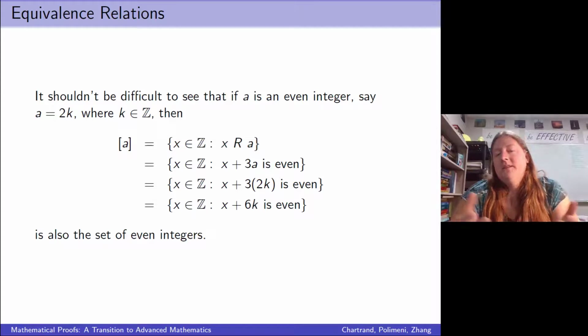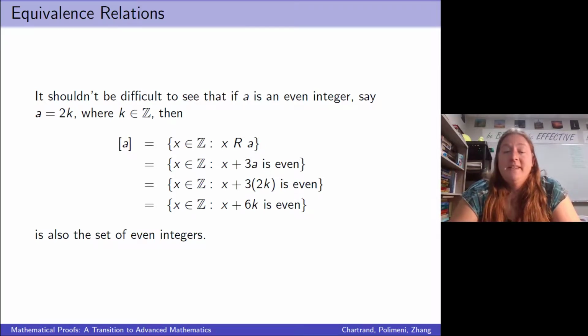So say I have an integer a that's an even integer of some sort, and I'm looking for its equivalence class. So I'm looking for all the integers x that are related to a. Well, in this case, that means that x plus 3a is even. But a equaled 2k, so I can substitute that in.